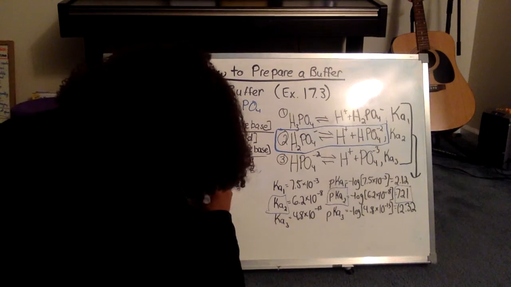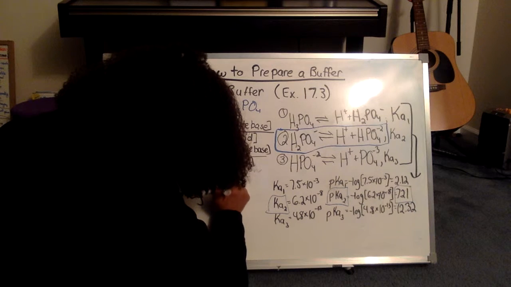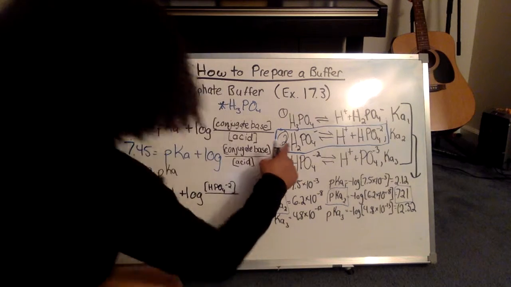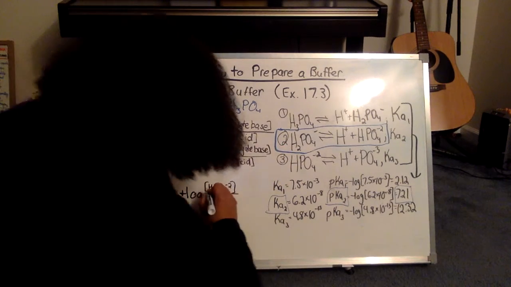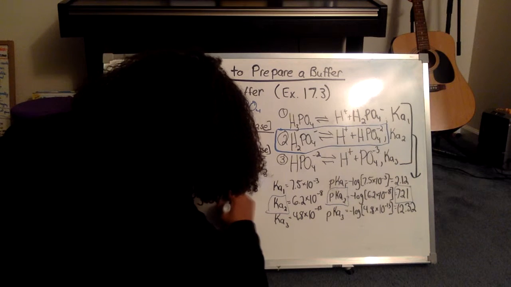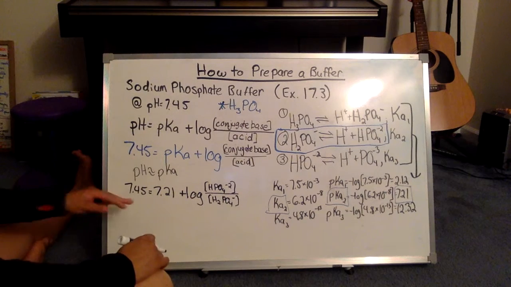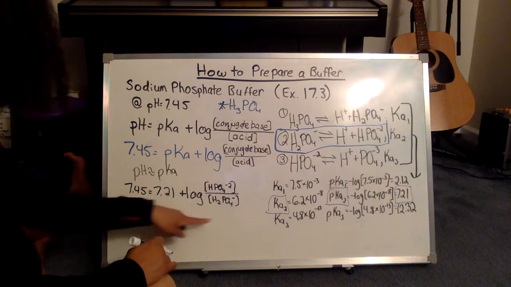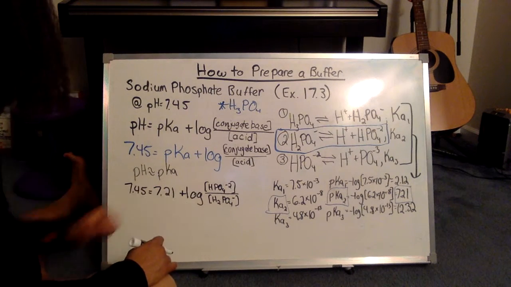So on top, our conjugate base is HPO4 minus 2, and on the bottom is our acid, which is H2PO4 minus 1. Now we can solve for this.